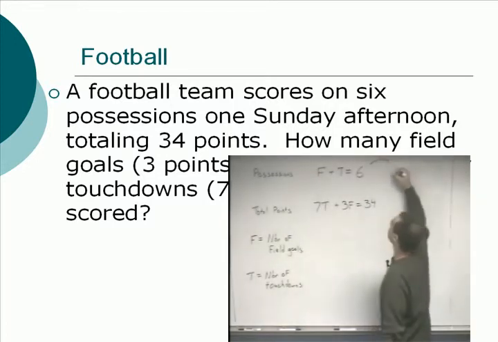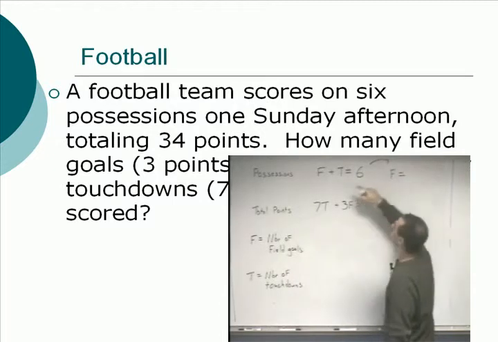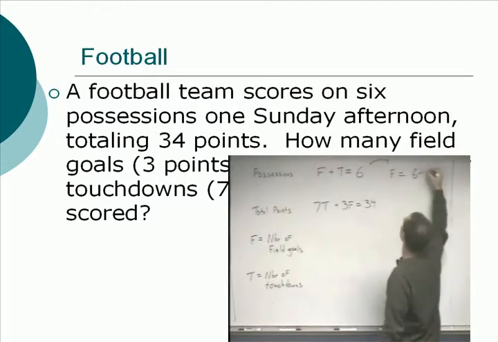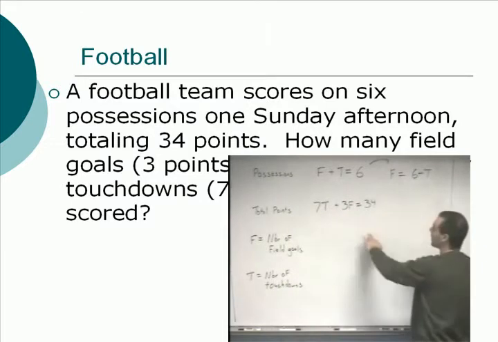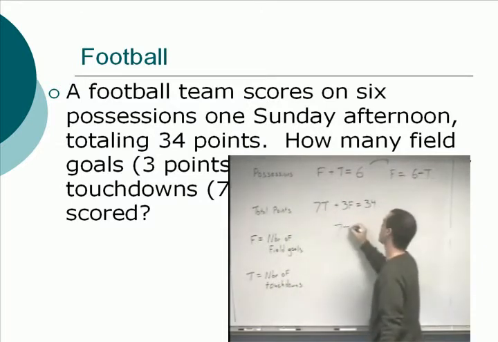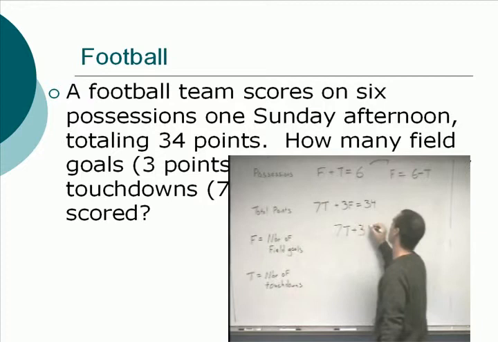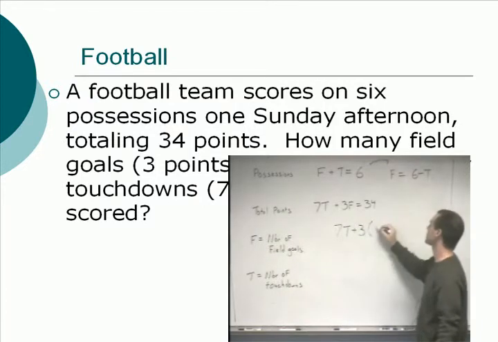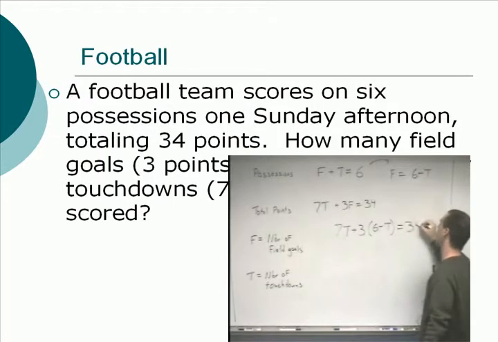Let's solve this for F, and we get F equals 6 minus T. Plug that back in here, and we have 7T plus 3 times F, but we know F to be 6 minus T. That's equal to 34. Now we can solve that.